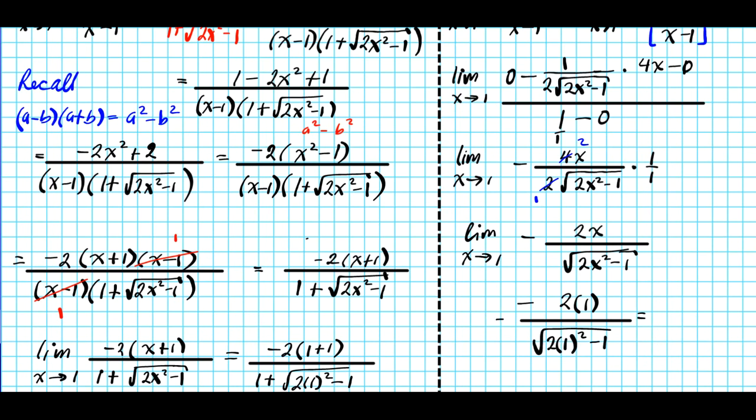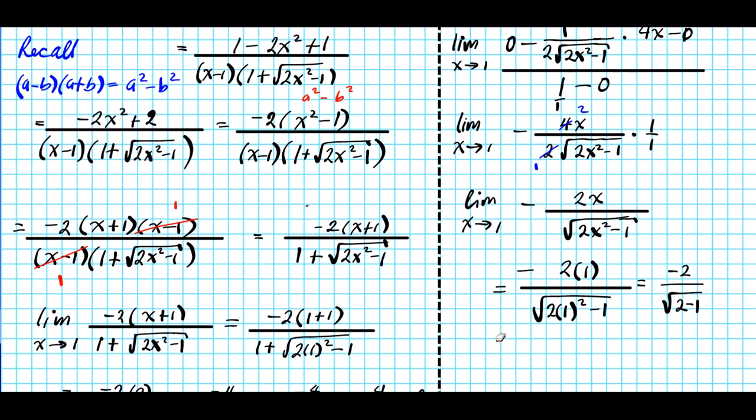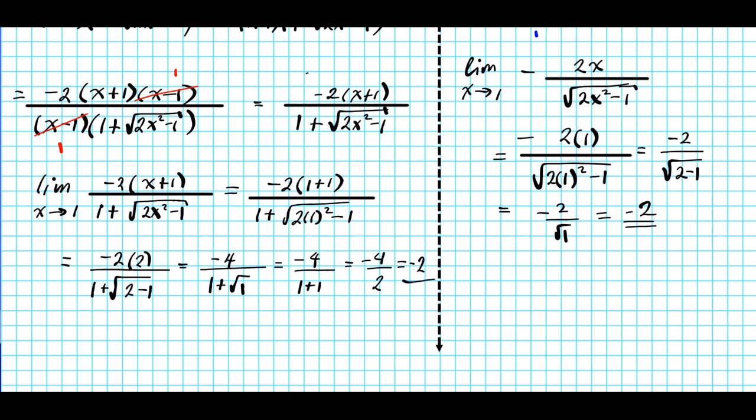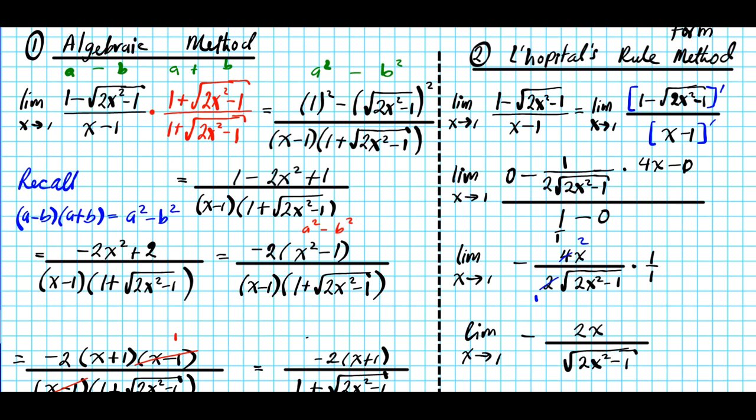Simplify that, we get negative 2 divided by root of 2 minus 1, and that is negative 2 over root 1, which is just negative 2. And that's the same as what we got over here. So there goes L'Hopital's method of evaluating limits of the indeterminate form.